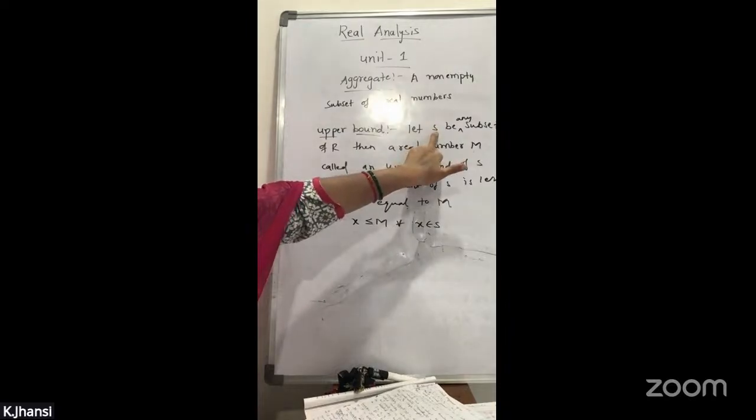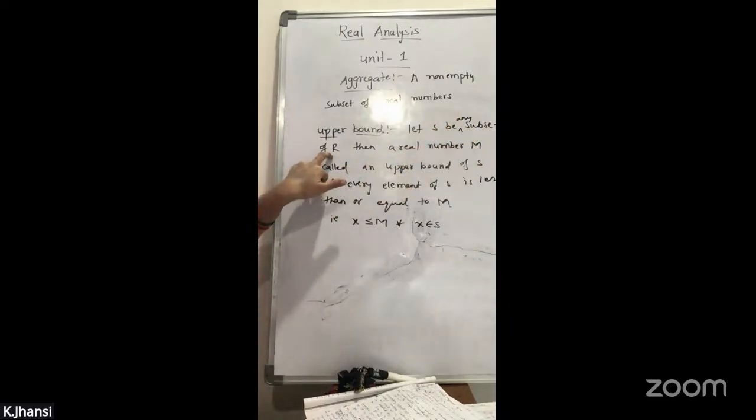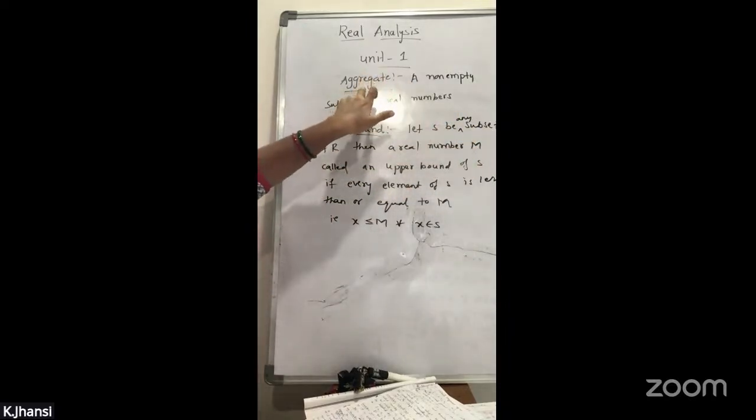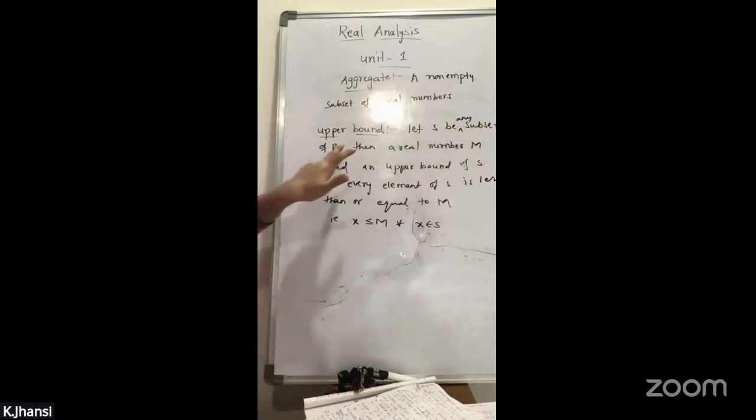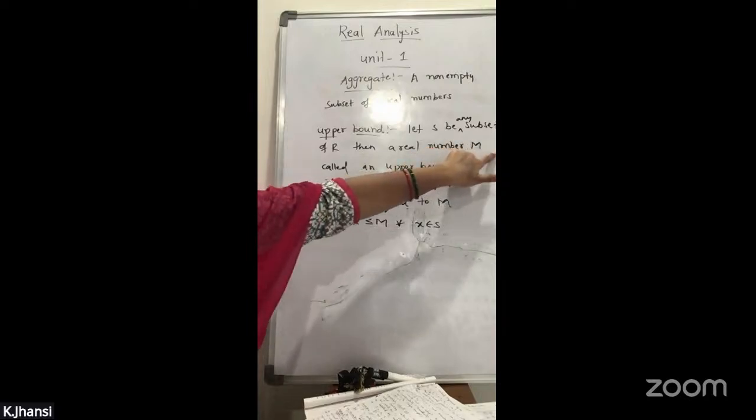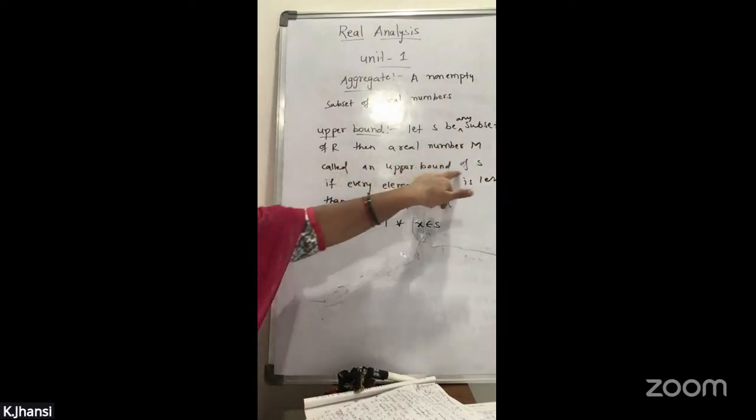Let S be any subset of R, which means you can also directly write aggregate. Let S be an aggregate of R, then a real number M is called an upper bound of S.